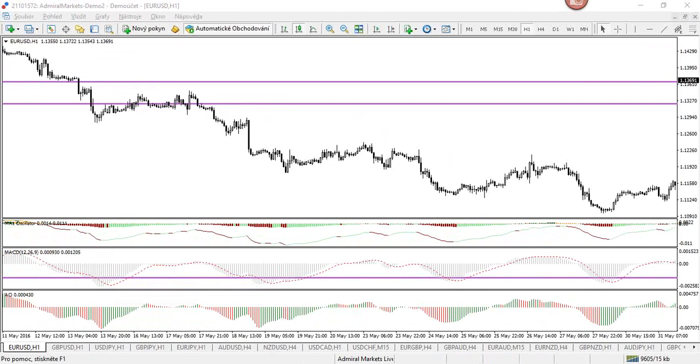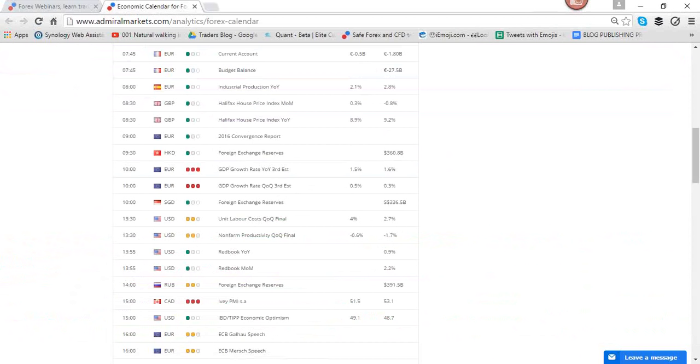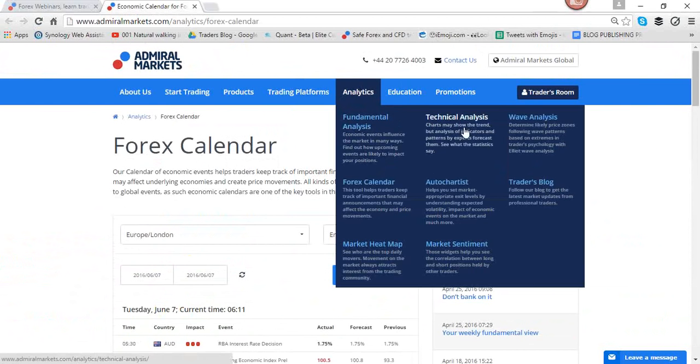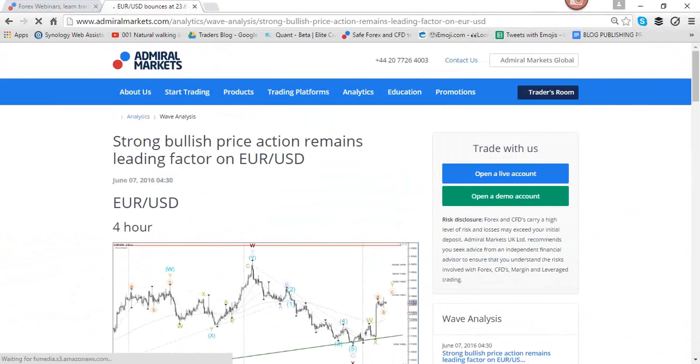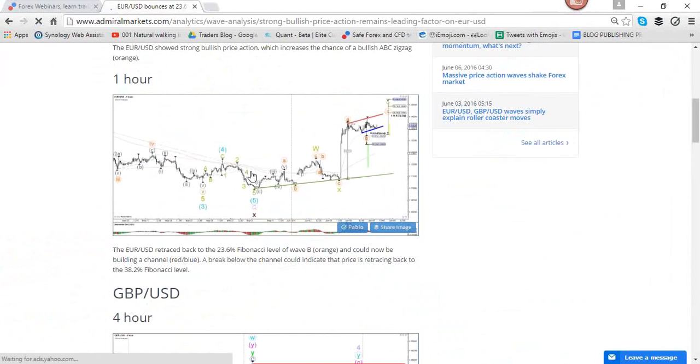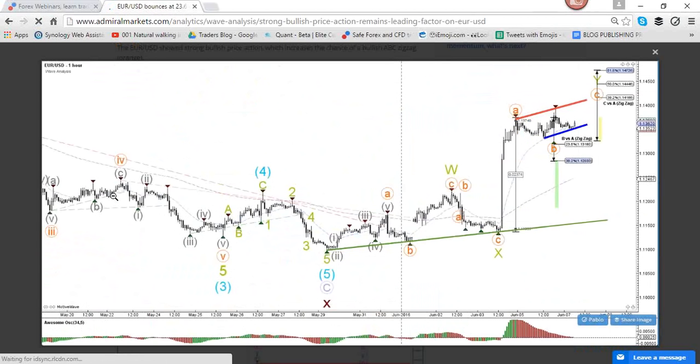I'm not sure by heart here. Here you can see 3, 4, 5, 4, 5, right? And within 5, you have another 1, 2, 3, 4, 5, and another 1, 2, 3, 4, 5. So you have 2 extensions here within those wave 5s.